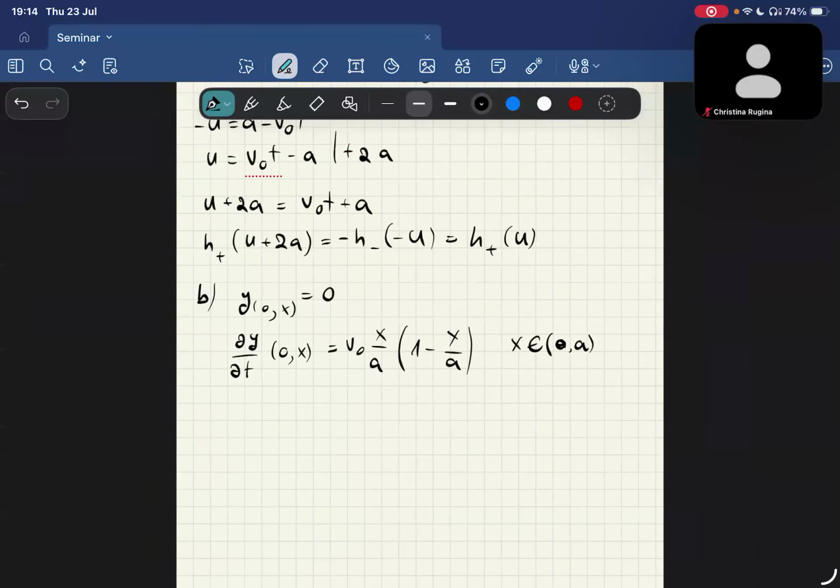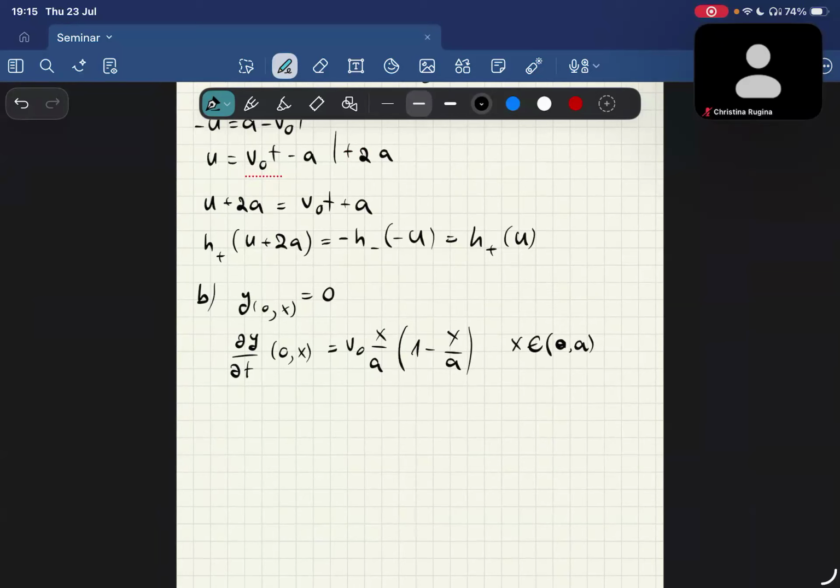Now, after getting these initial values, we should get a form for h plus and inevitably for h minus also, because they are tied together.